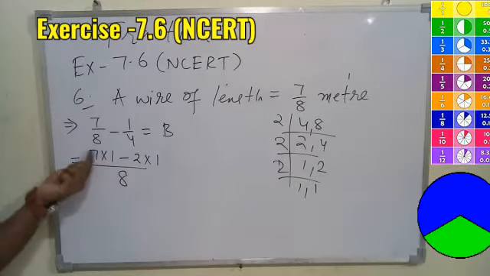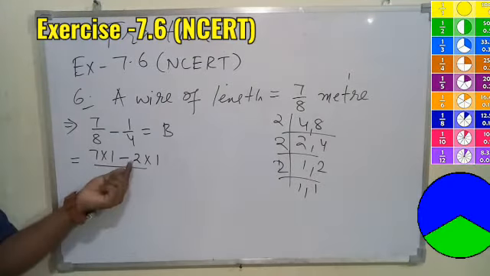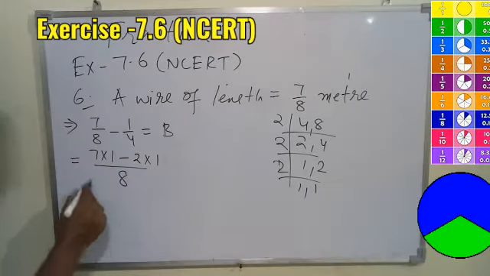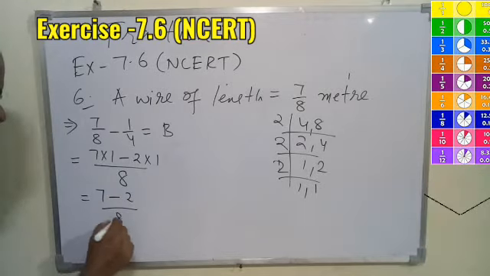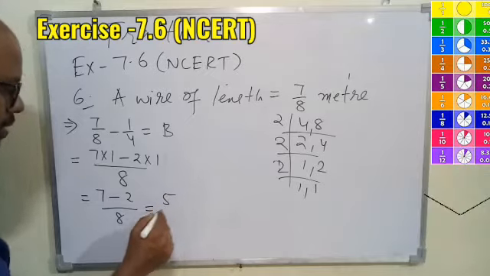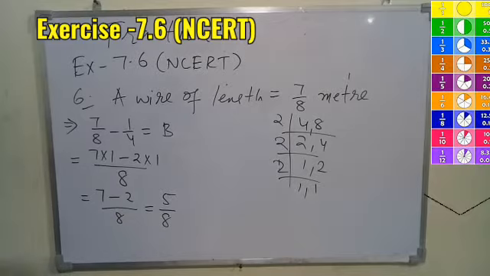It doesn't matter whether you write 1 first or 7 first, overall they are multiplied. Same here also. So 7 into 1 is 7, 2 into 1 is 2, 8 will be 8. 7 minus 2 is how much? 5 upon 8. So this is our answer.